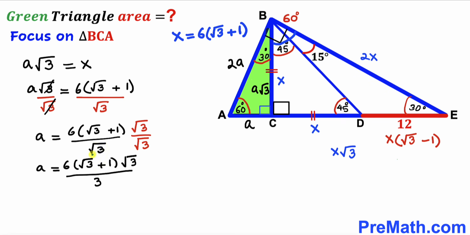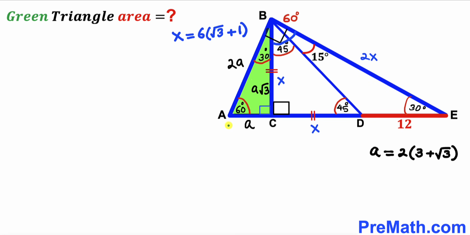And we are going to multiply out these two as well by distributing. So therefore we can write a equals 2 times, when we distribute, that is going to give us 3 plus the square root of 3. So therefore this side length lowercase a value turns out to be 2 times 3 plus the square root of 3. And here's our final step.